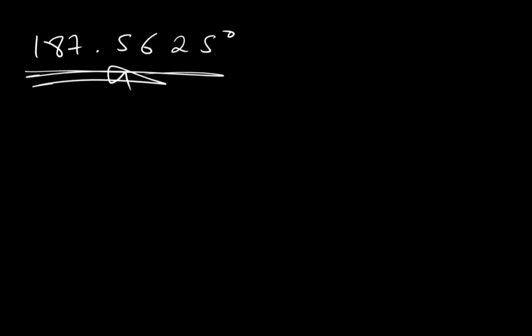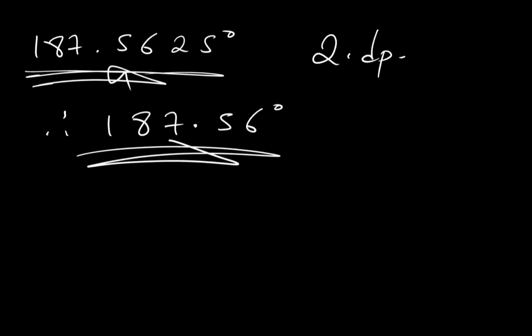If you round this off, in most cases I'll say round off to 1/100th of a degree, which simply means round off to 2 decimal places. So I'll have 187.56 degrees, and that would basically be our answer.